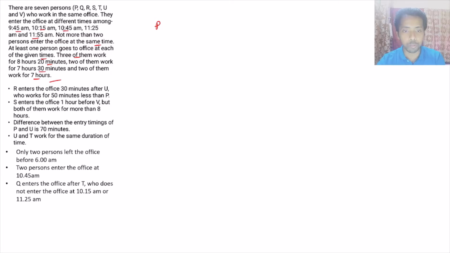So the table should be like this: person, entry time, duration, and exit time. Right, and now the notations we will write here.